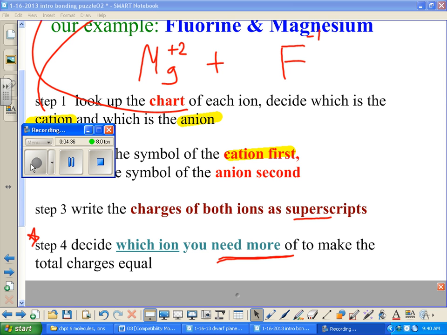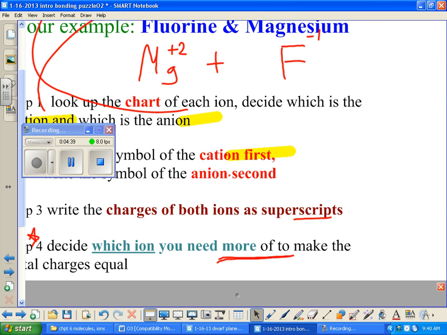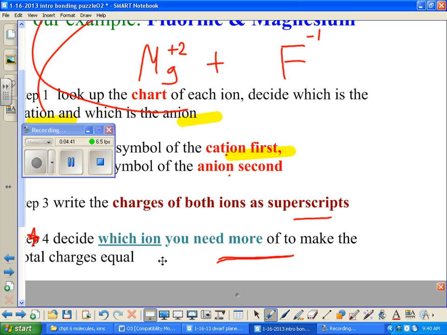We want the charges equal. Are the pluses and minuses equal right now? No. If this was a math equation, we have +2 - 1 equals what, folks? If this is a math equation, what's our total? Hold on, let me get my calculator. No! Plus 2 minus 1!